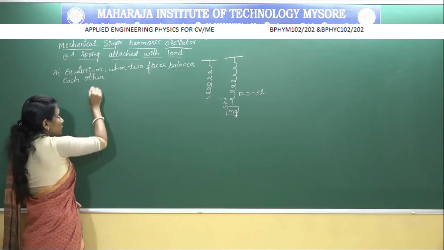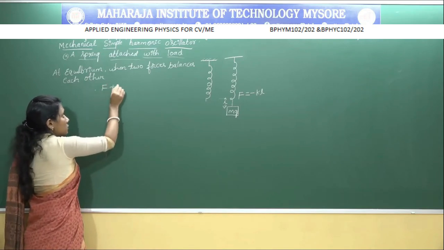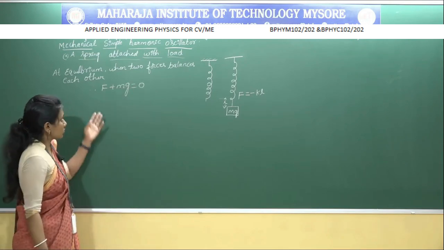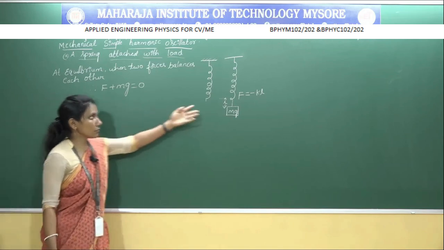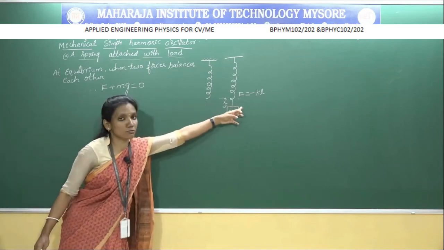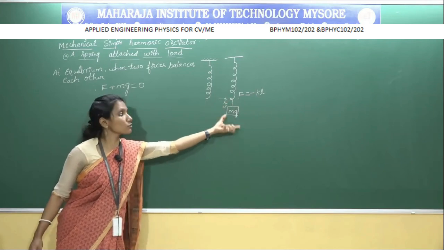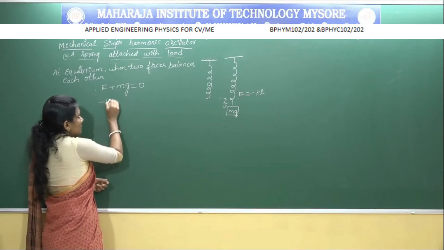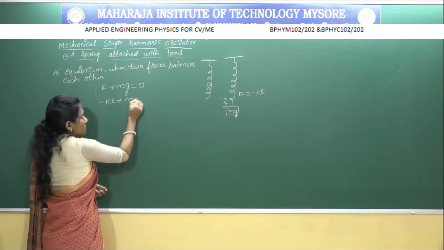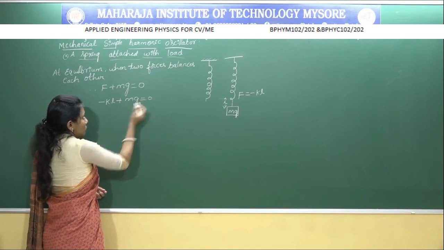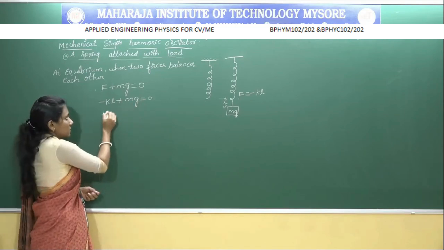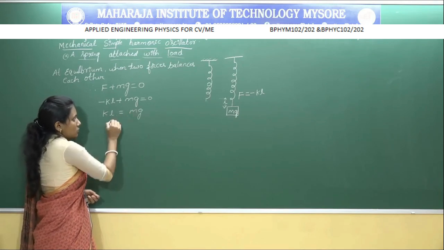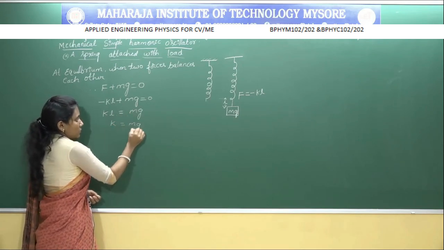Then we get F plus mg is equal to 0. One is the linear restoring force, and the other is the force due to the weight. Then minus KL plus mg is equal to 0. Taking this to the other side, KL is equal to mg. So K is equal to mg by L.